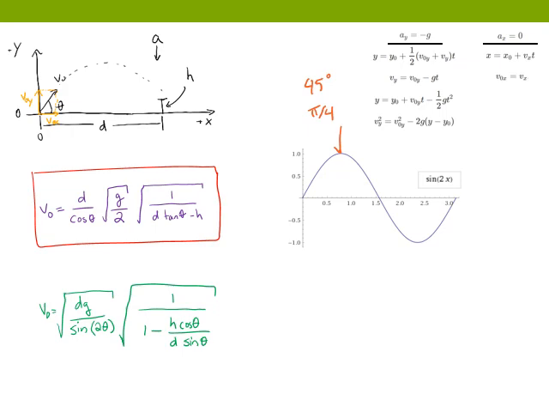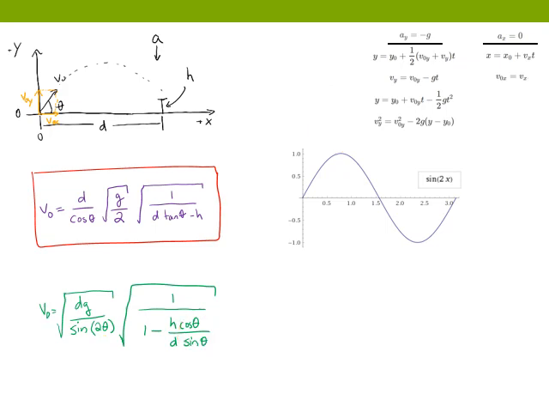So we will get the furthest range, or we will need the smallest initial velocity when our angle is directly at 45 degrees. If we increase that angle, we need greater velocity. If we decrease that angle, we'd actually need greater velocity. It's a little bit muddied because of this extra term, as I say.